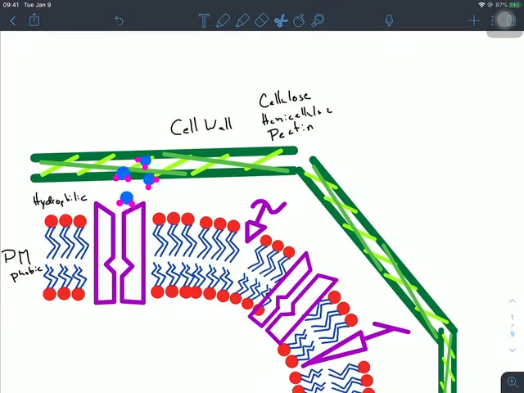It has to be either on the outside or on the inside. It cannot ever pass into the cell via the plasma membrane.